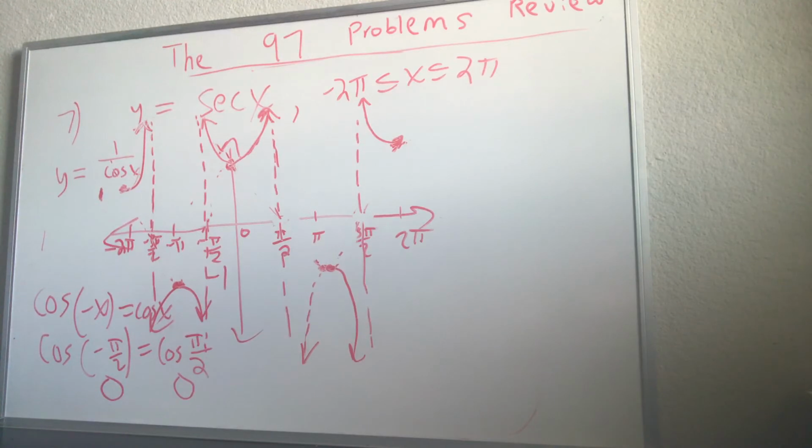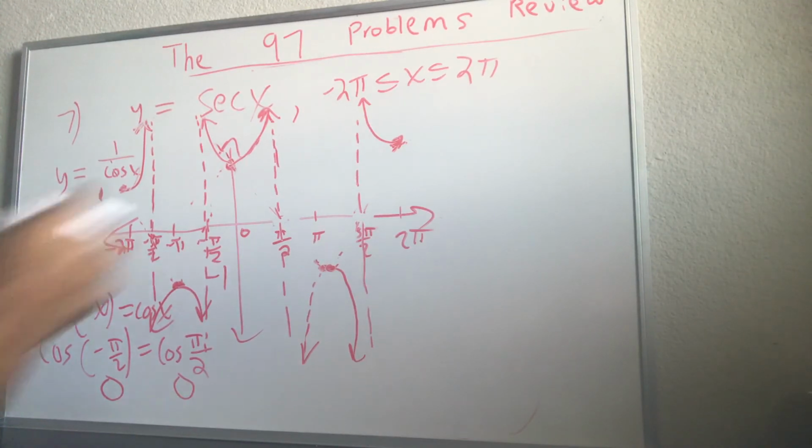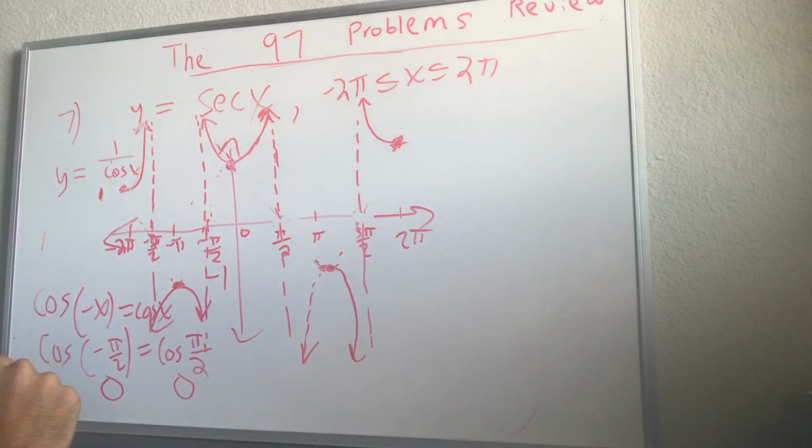So this is how your secant of x really looks. It clearly does not cross your x-axis here, so your x-intercept is none. Your y-intercept is (0, 1). Your domain is the set of all real numbers, within this specified domain, such that x does not equal pi over 2, 3 pi over 2, negative pi over 2, or negative 3 pi over 2, because you have asymptotes there.